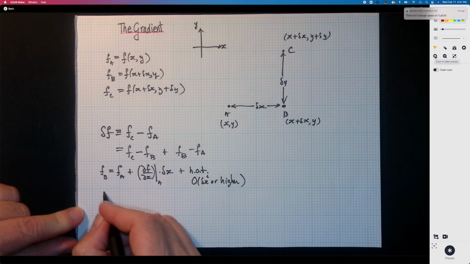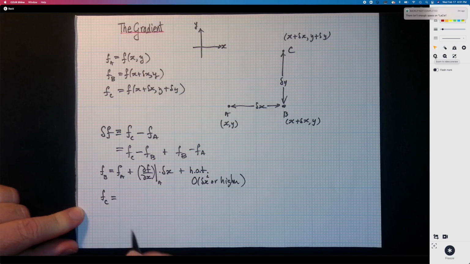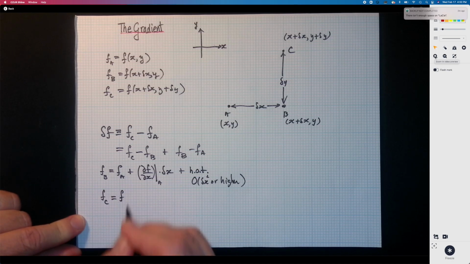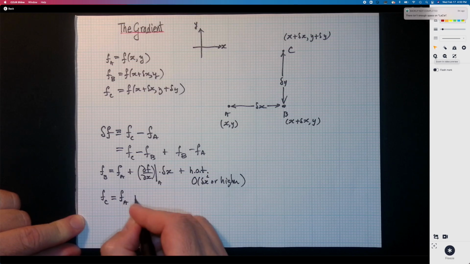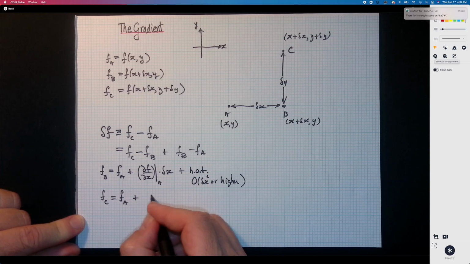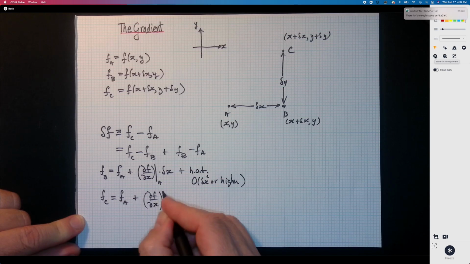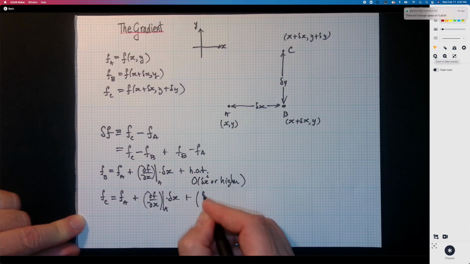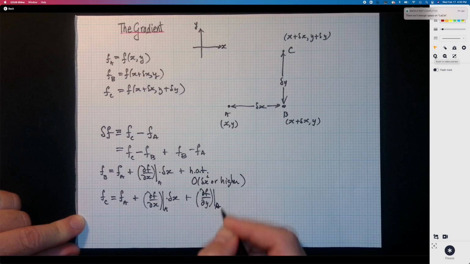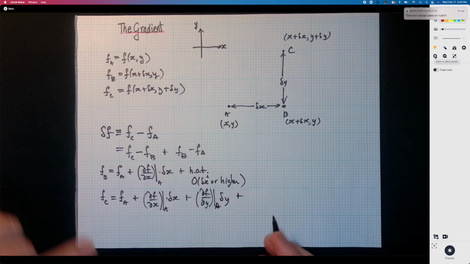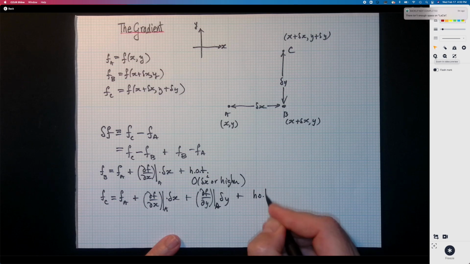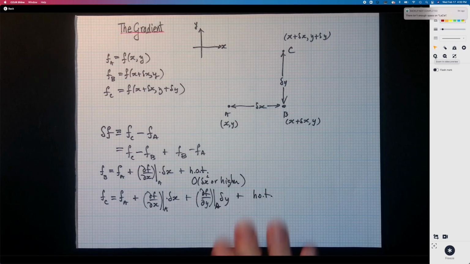And then similarly for the point f at C, that is going to be f at A plus df dx at A times delta x plus, and again higher order terms, which are going to vanish in the limit.